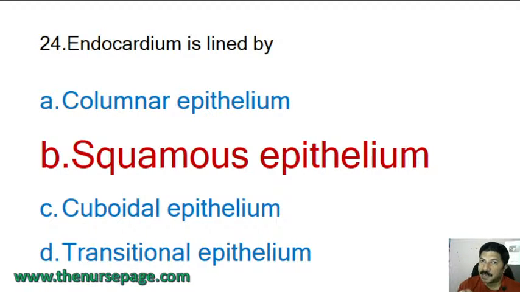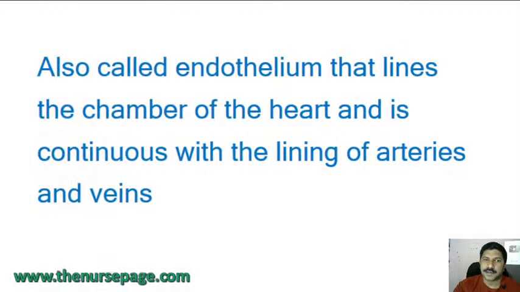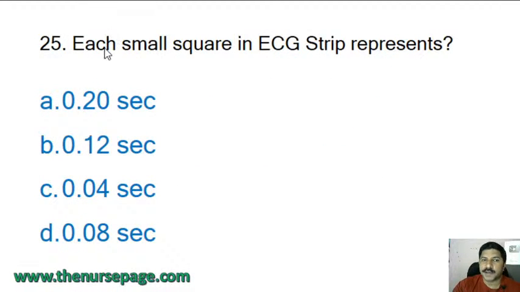The same cells also line blood vessels, and are lined in the innermost layer of the heart. Squamous cell epithelium, also known as endothelium, lines the chambers of the heart and is continuous with the lining of arteries and veins.